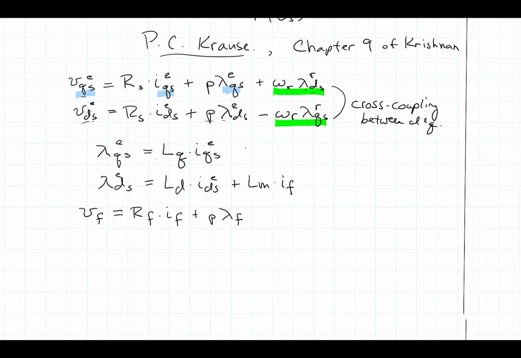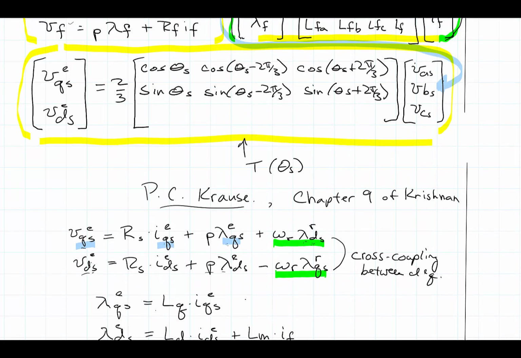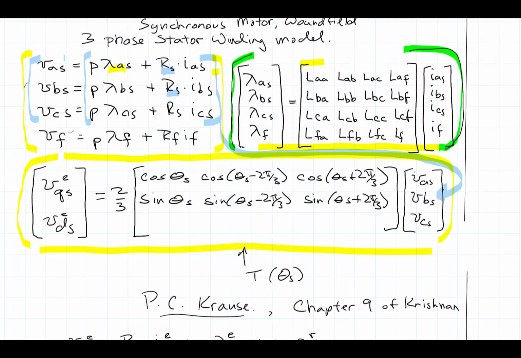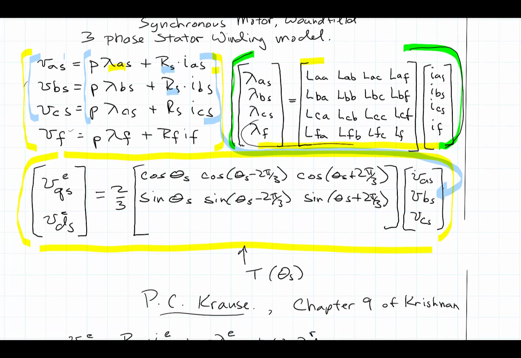And the lambda F doesn't change either. The lambda F becomes a different expression also, because if you look at what we had here, we had the couplings from all these other windings.